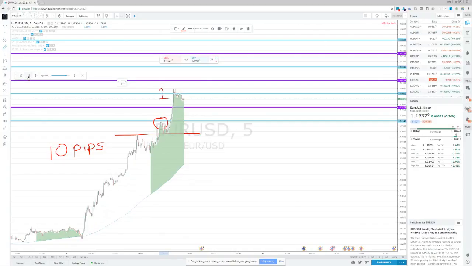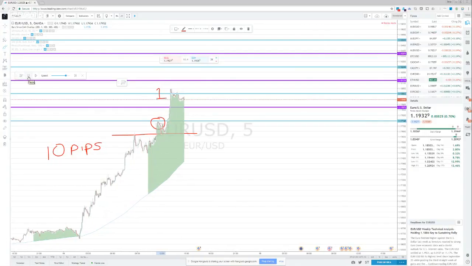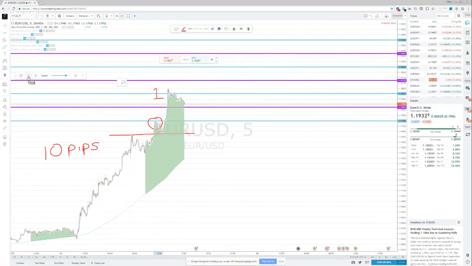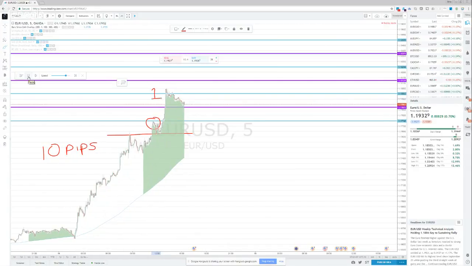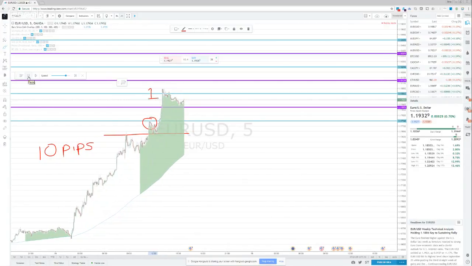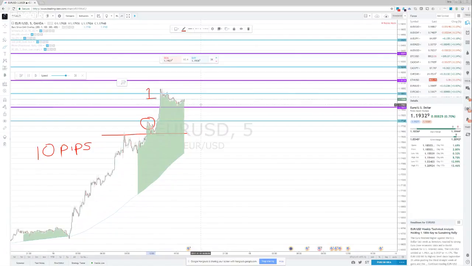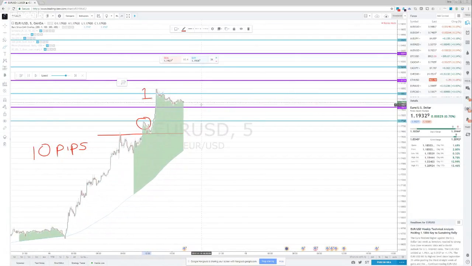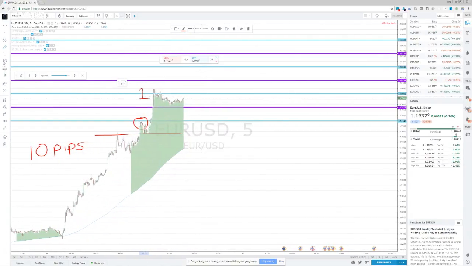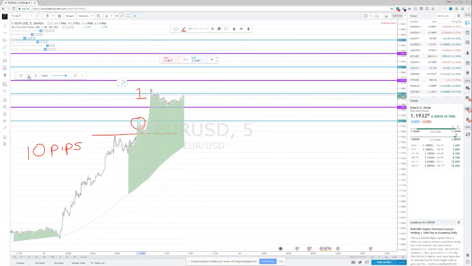That's only 5 pips, and it's just a 5-minute chart. I think it did. Yes, it hits 10 pips. Okay, let me pause it. So it takes profit in here for 10 pips.